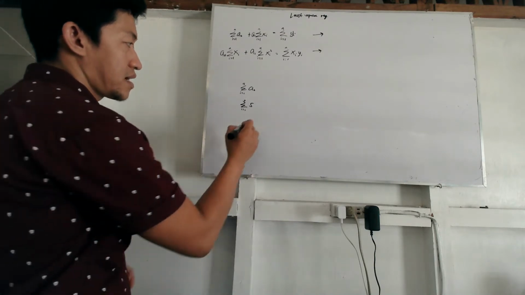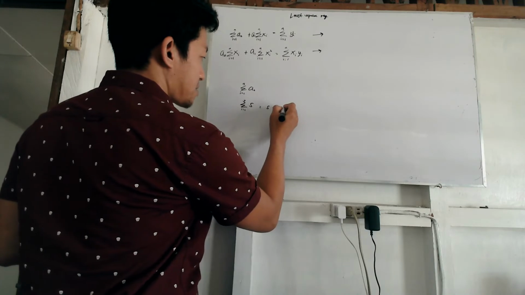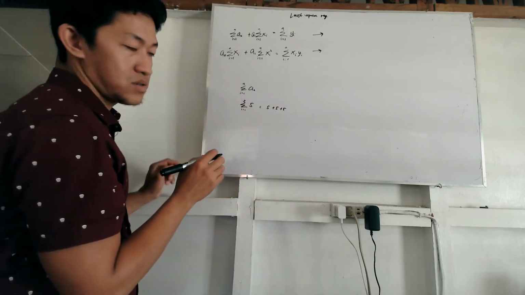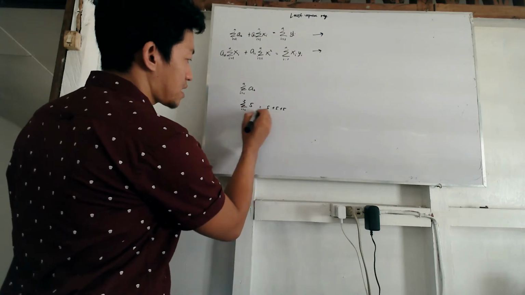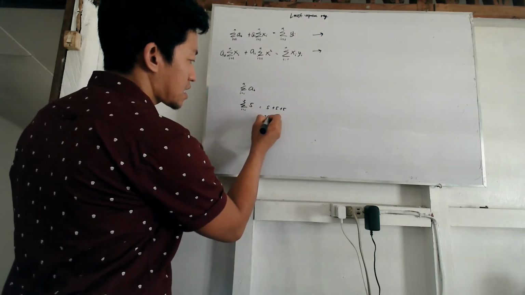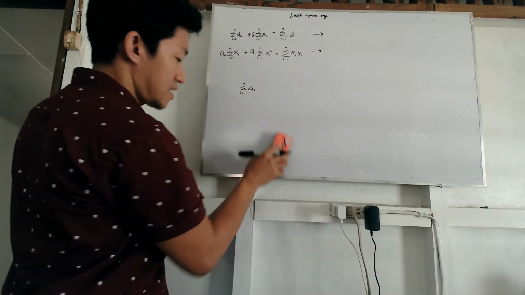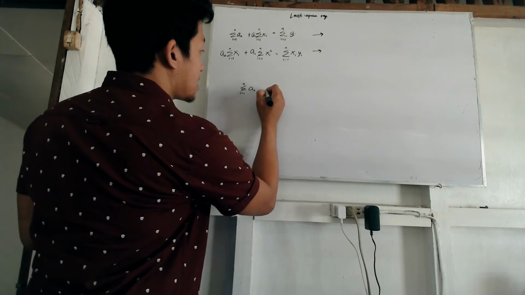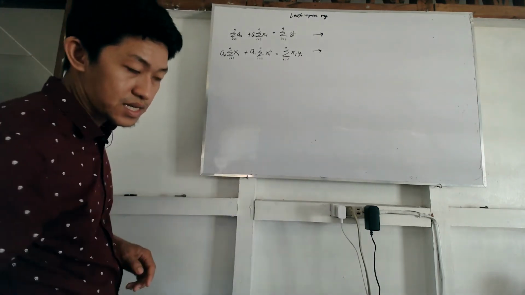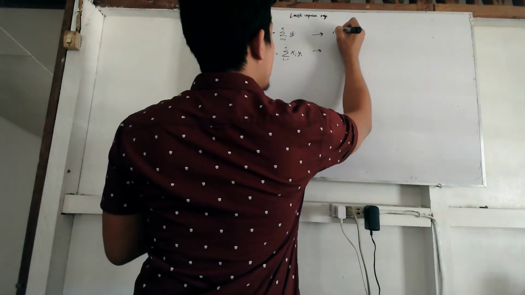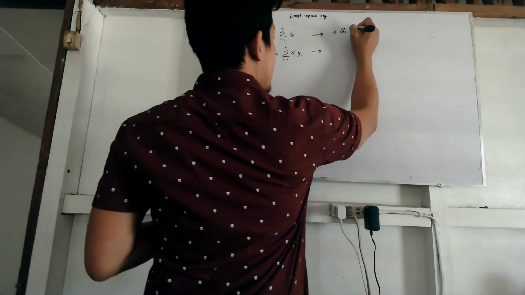That means 5 plus 5 plus 5, up to three. So this is equal to 15, or 3 times 5. So it becomes n times a, n times a.